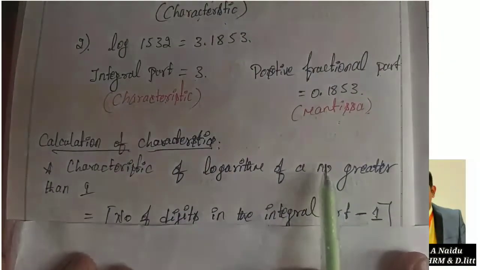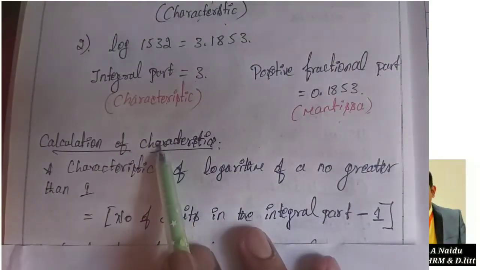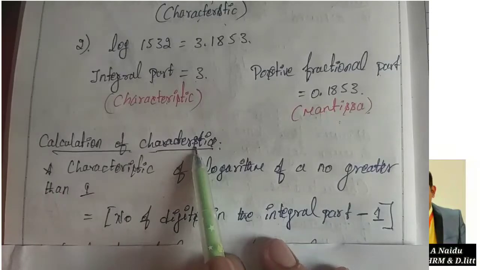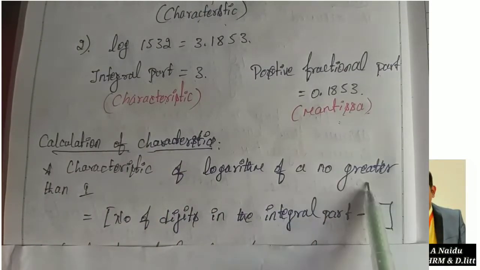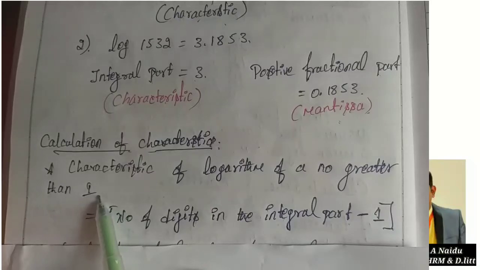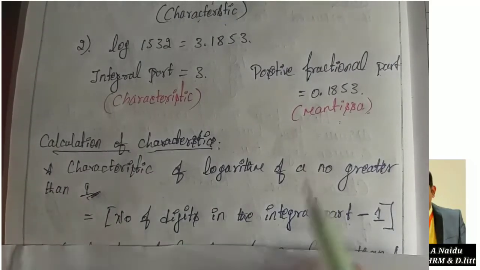To make you understand how we are going to calculate characteristics. Characteristics of the logarithm of a number greater than 1: if the number is greater than 1, we have a formula.